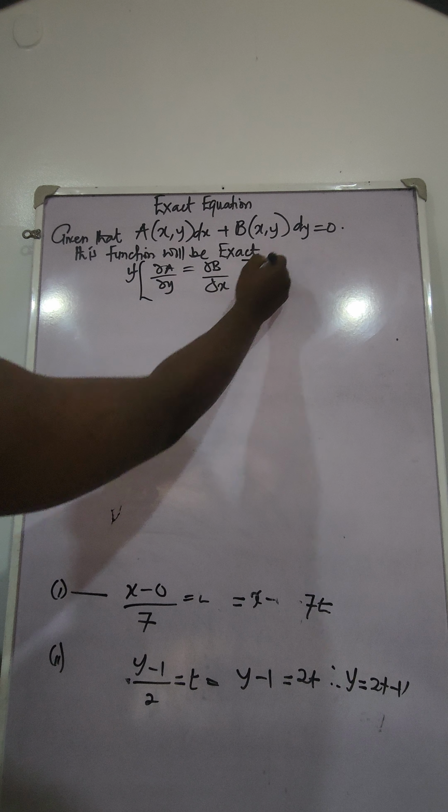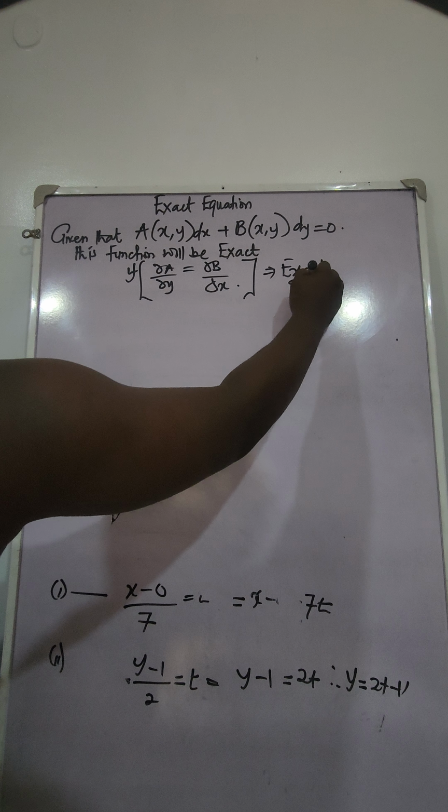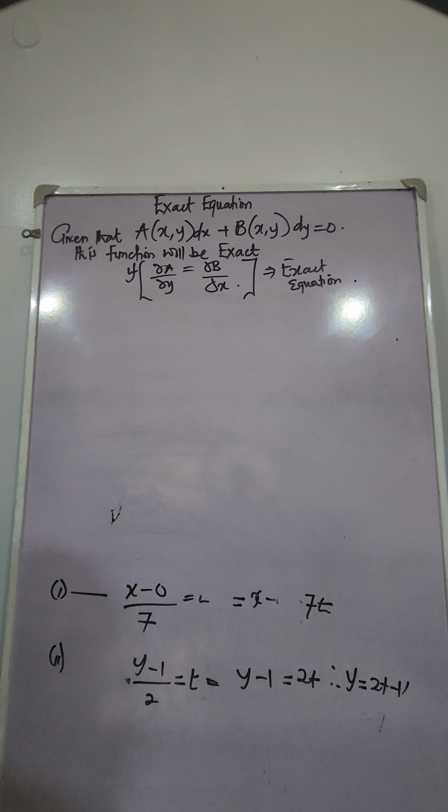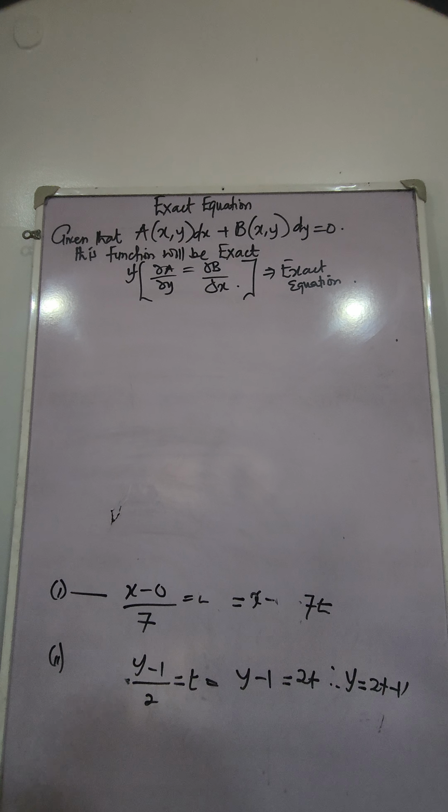This is the formula when you say something is exact. When an equation is said to be exact, dA/dy is equal to dB/dx. Is that correct?